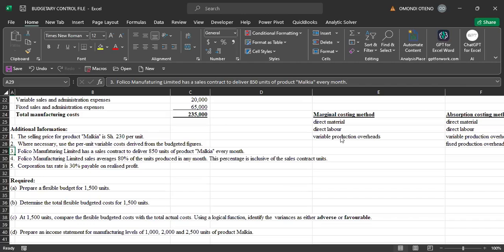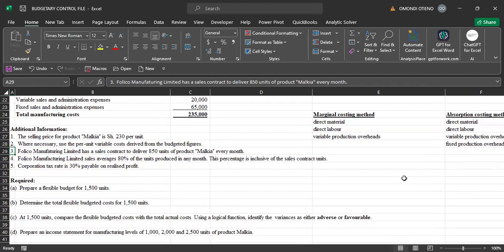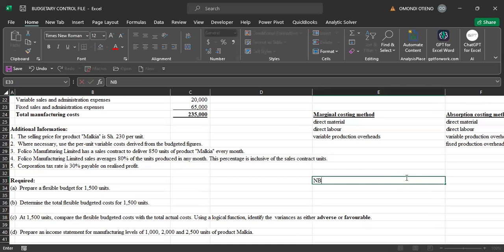So this one here was an open question, where those who indicated in their workings that, you know what, I have assumed the company uses a particular method.